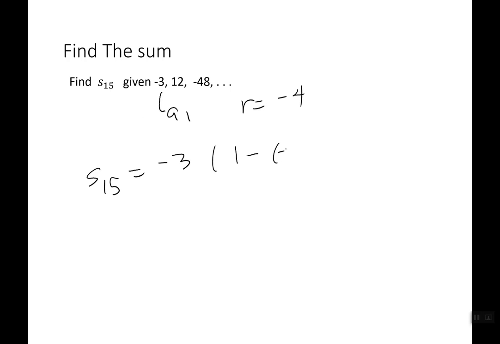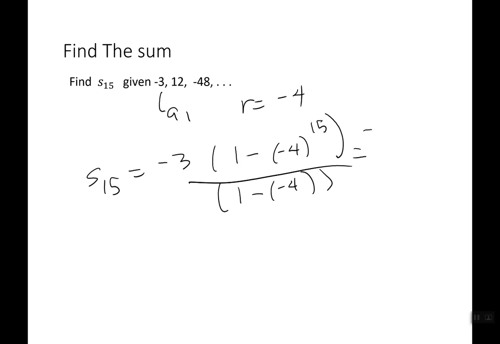1 minus, now you have to put the negative 4 in parentheses when you take it to the 15th power, and then I have 1 minus, I'm going to put negative 4 down there too in parentheses. I want you to see that the negative becomes a positive on the bottom. So I have negative 3 times 1 minus negative 4 to the 15th, and on the bottom 1 minus negative 4 becomes positive 5.